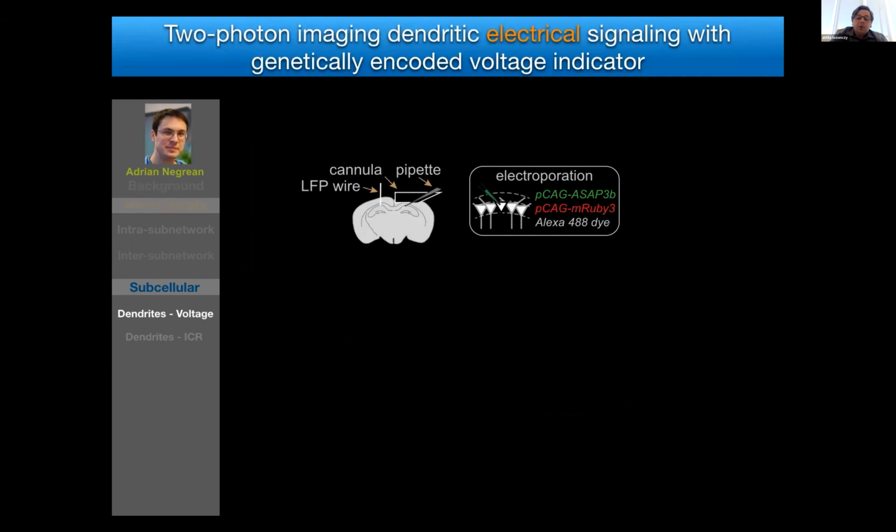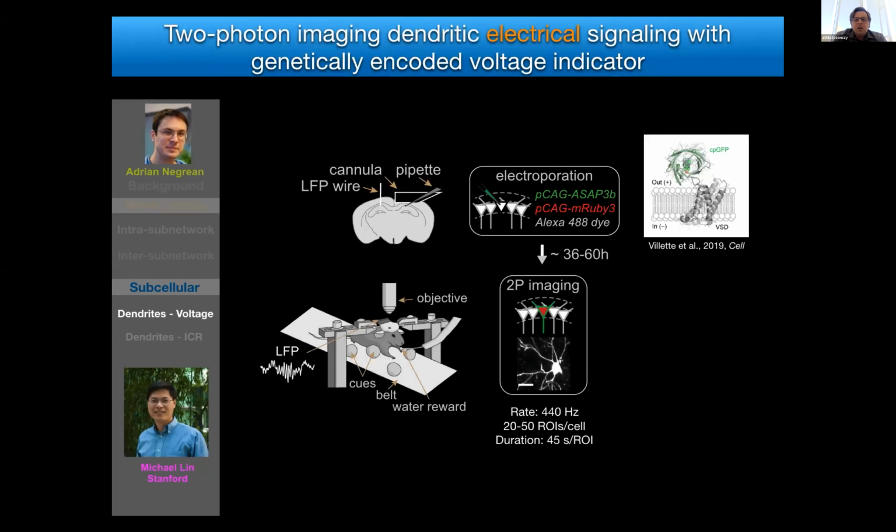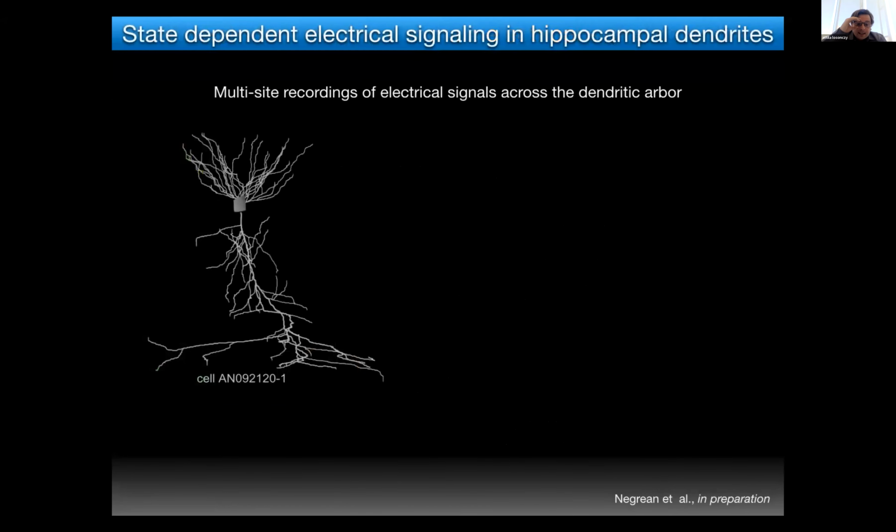So Adrian used this electroporation method to express a green fluorescent voltage sensor, ASAP3b, developed by Michael Lin's lab, together with an RFP in CA1 cells, and after the plasmid expression, in single cells, we used fast sequential imaging of multiple regions of interest over the entire somatodendritic surface during bouts of head-fixed navigation and rest, together with simultaneous LFP recordings. So I show you here an example cell.